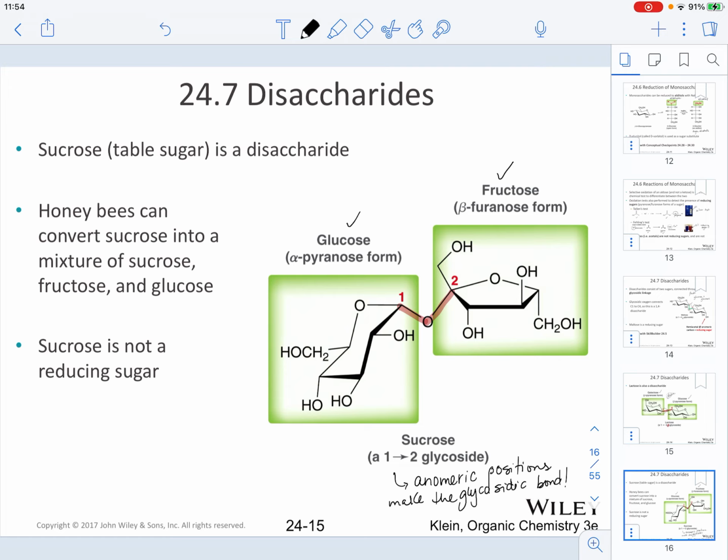So because the anomeric positions are making that acetal bond, for that reason, sucrose is known as a non-reducing sugar.